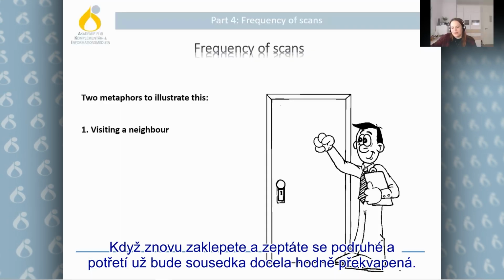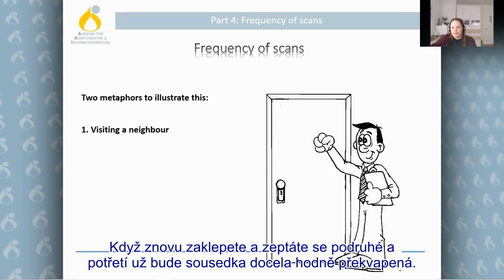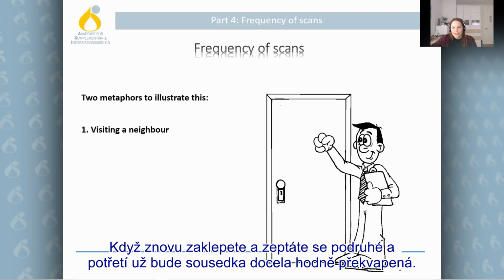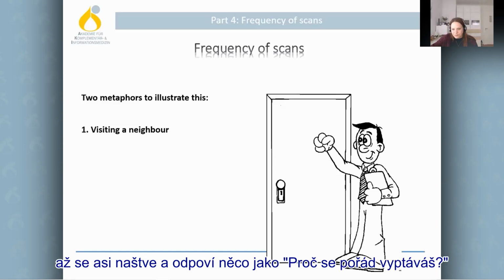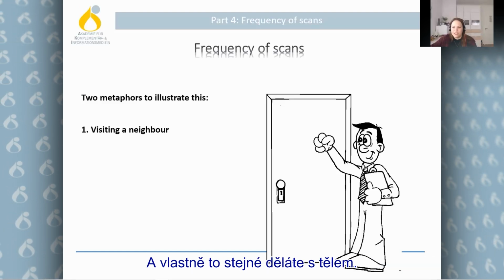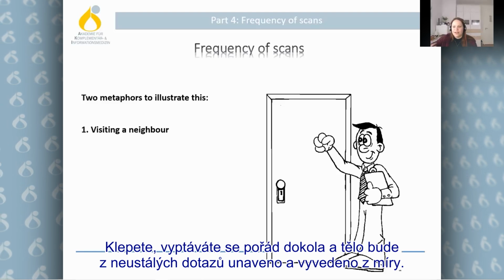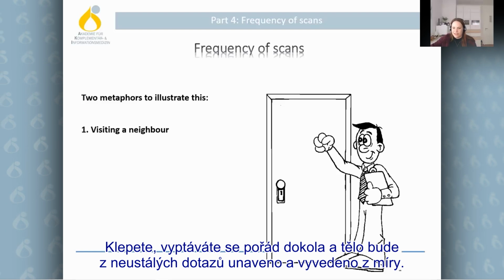The second or third time you knock and ask again, she will be surprised already. And when you do it a lot of times, again and again, she will act really rough, like, why do you ask again? This is what you do with the body as well. You knock, ask and ask and ask, and the body will be irritated by being asked again and again.